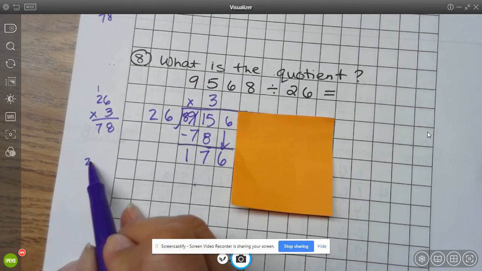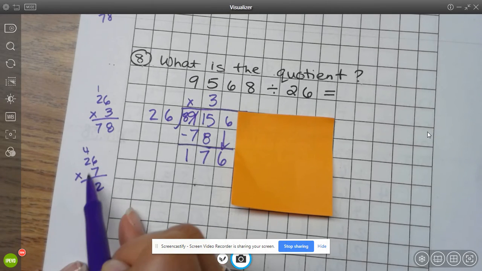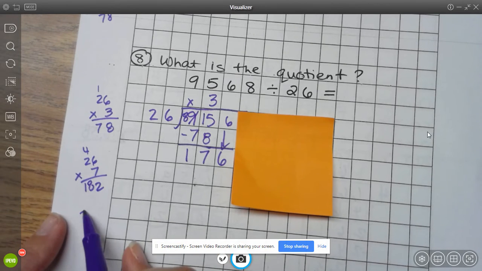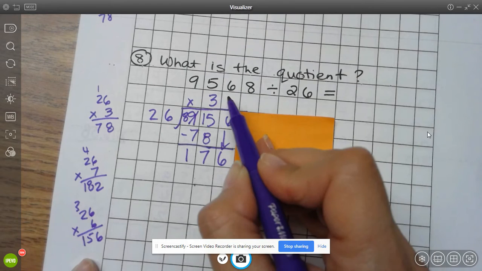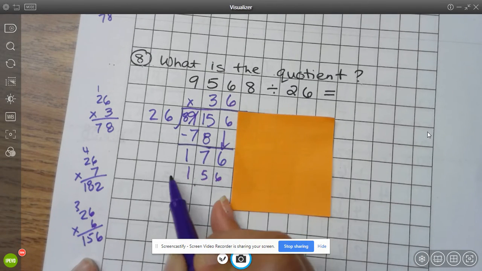So 26 times 7. That's 42. 14, that's 18. Yeah, I just went over. So I know the right answer is going to be 26 times 6. That's 36, 12, 13, 14, 15. Yep, 156. 26 times 6 is 156.